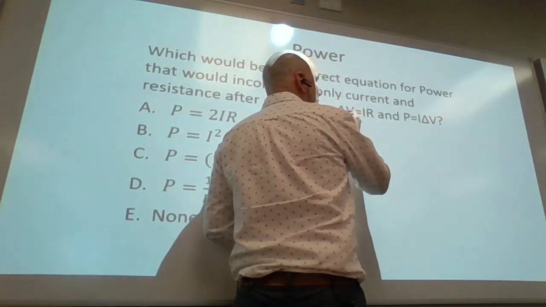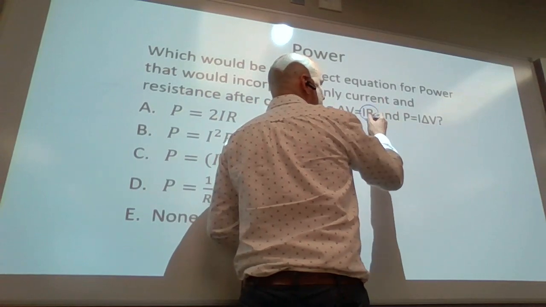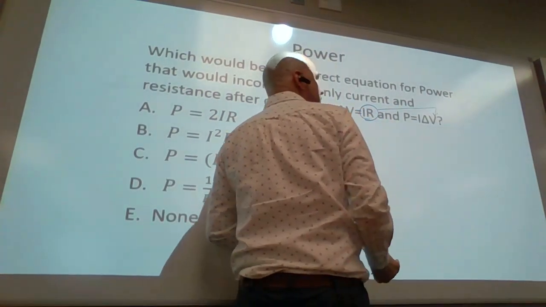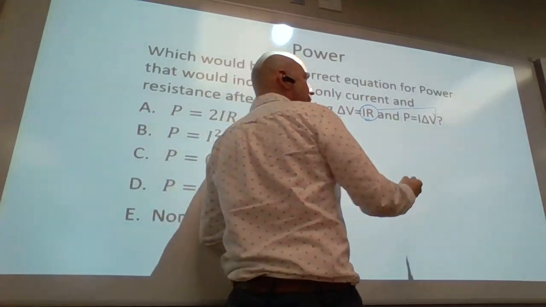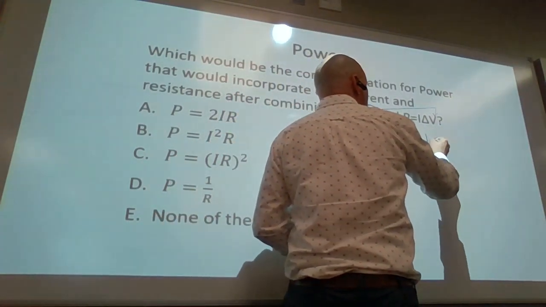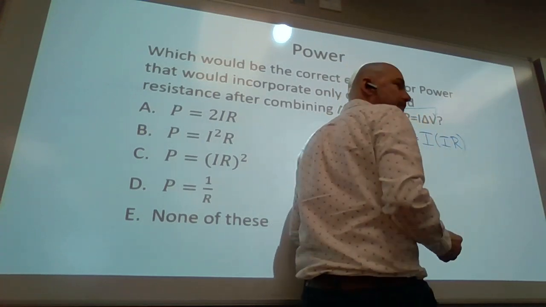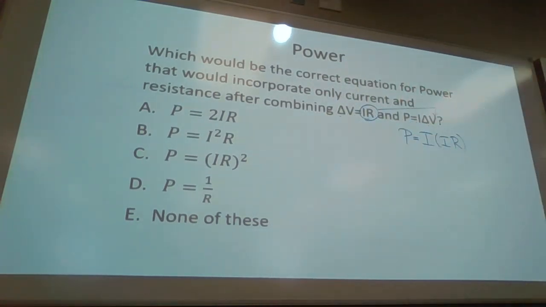Voltage is equal to current times resistance. So what I'm going to do is substitute this in for voltage. So power is equal to current squared times resistance. See how I did that? Correct answer is B.